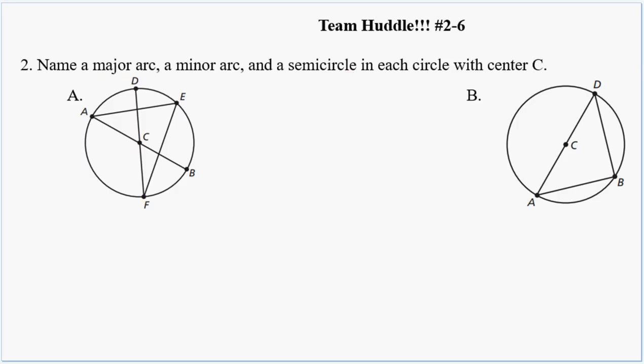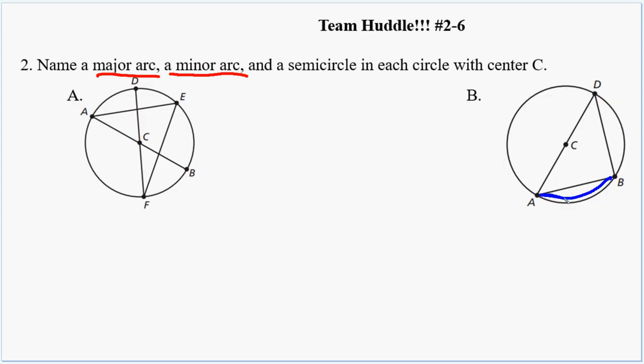Now over here, part B. Let's do the minor arc first. So minor arc, you could do DB, or you could do AB or BA. Either of those would be fine. Major arc. Again, if I did this as my minor, then my major would be DAB to go all the way around that way.